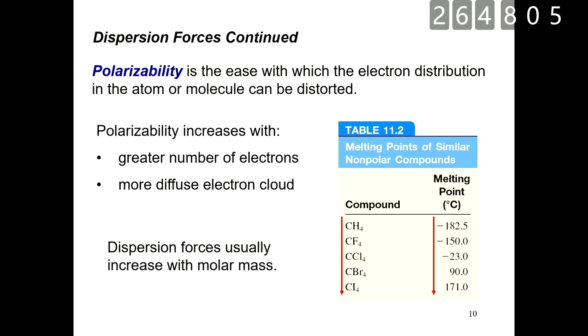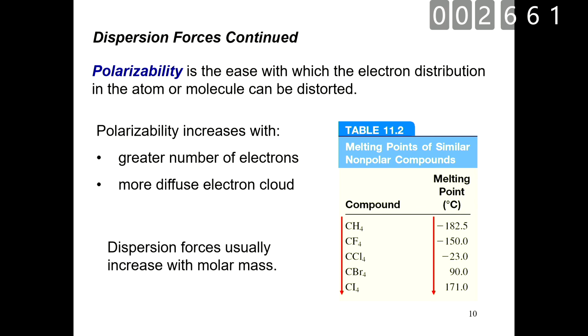For example, take the melting point. This is all in one group, the halogens. From up to down, the size of the molecule increases, right?